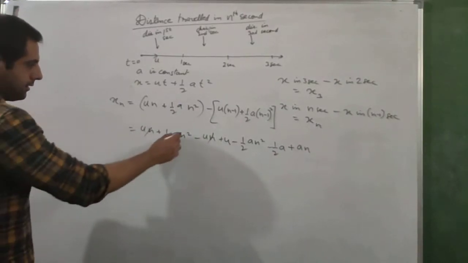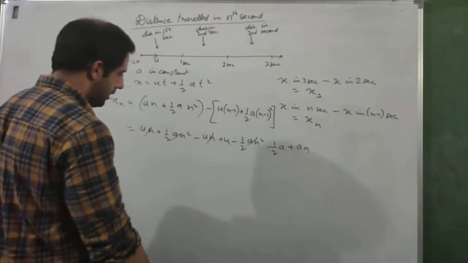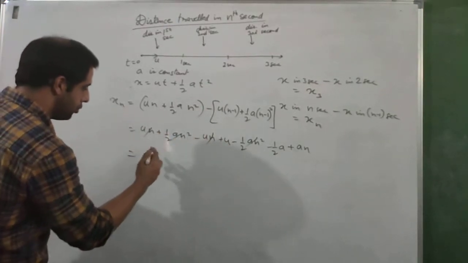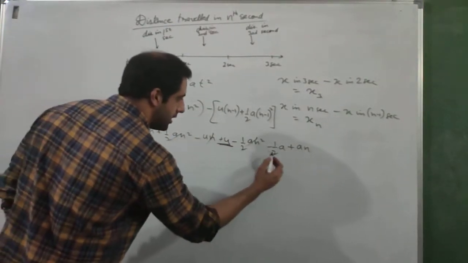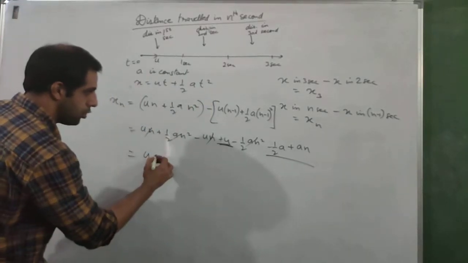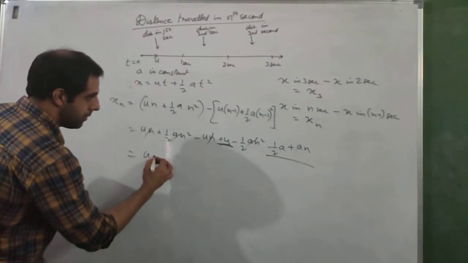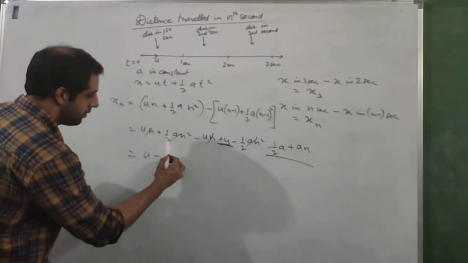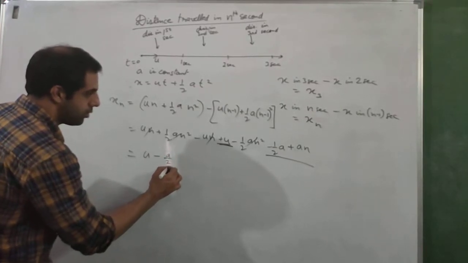This is getting cancelled. This is getting cancelled. What we are left with is u, and these two terms. I can take a common and I can take 1 by 2 also common.